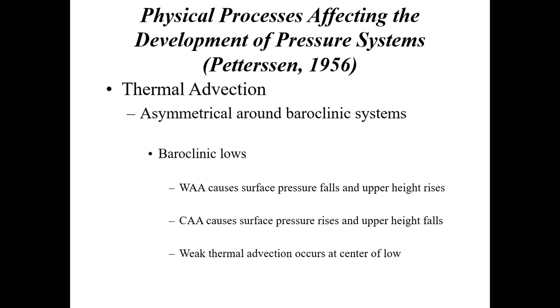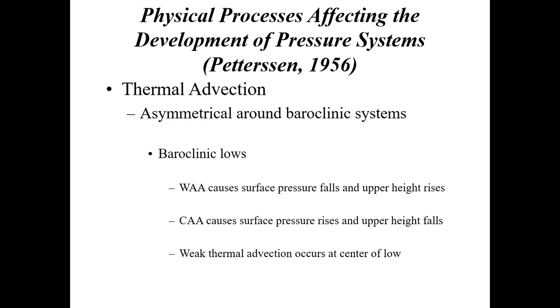Why do you think that's the case? With warm air advection, generally the atmosphere is bringing in warmer, less dense, and moist air on southerly winds when you have warm air advection in the northern hemisphere. And when you have warm, moist air, it is much lighter than cold, dry air, and as a result, there's less pressure or force exerted on the surface, so you have surface pressure falls with warm, moist air because it's lighter, it's less dense.